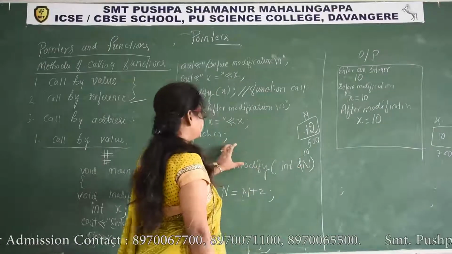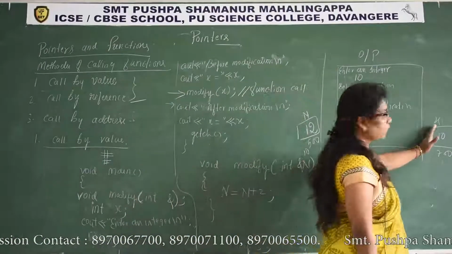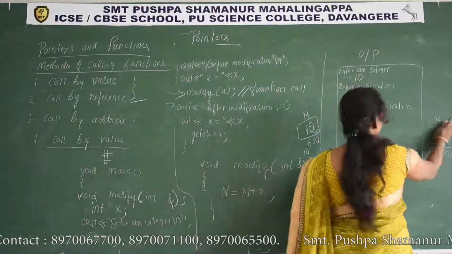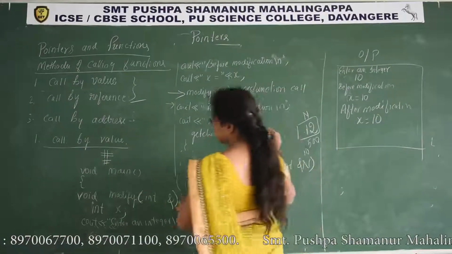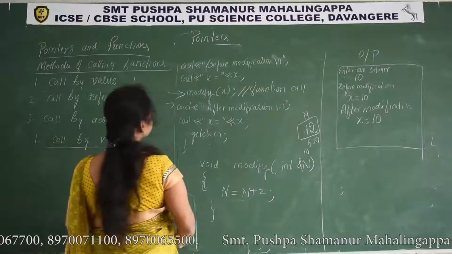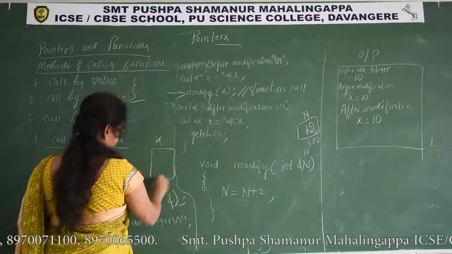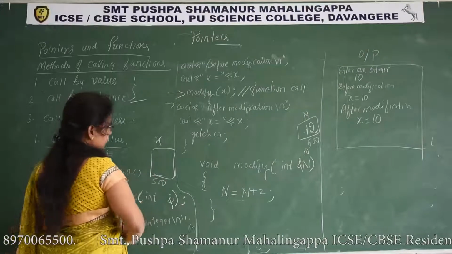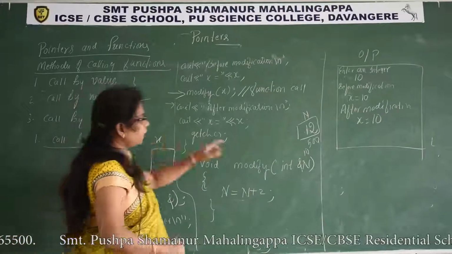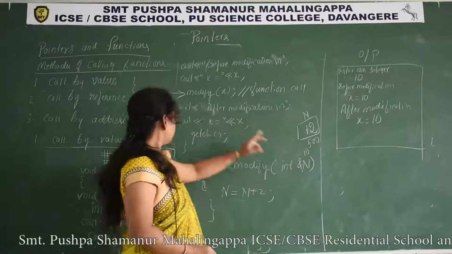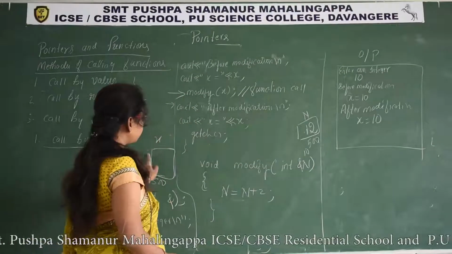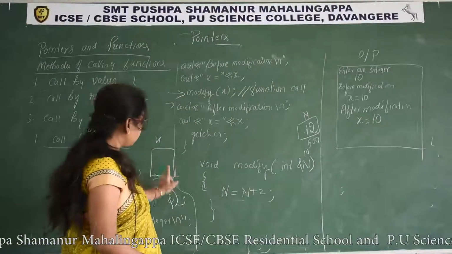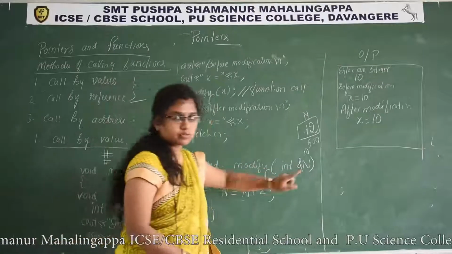See here. This is an actual argument. X is an actual argument, I'll write here X. When I declare X, memory is allocated here, 500. So if you add the ampersand operator here, the address of this memory, the actual argument X, is referred by N also.